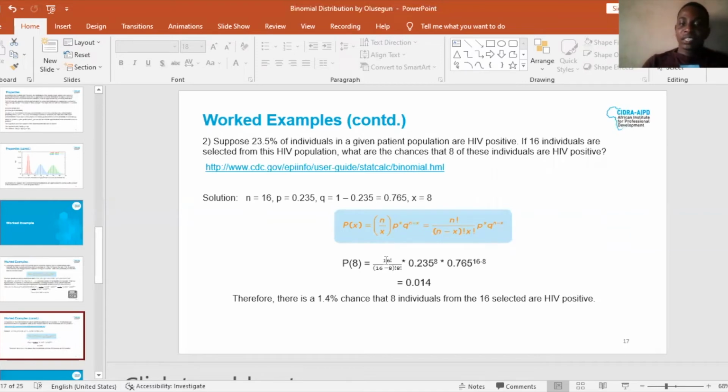You plug in the values. n here is 16, so 16 factorial over 16 minus 8 factorial times 8 factorial, times 0.235 raised to the power 8, times 0.765 raised to the power 16 minus 8, which gives us a probability of 0.014. Therefore, there's a 1.4% chance that 8 individuals from the 16 selected will be HIV positive.